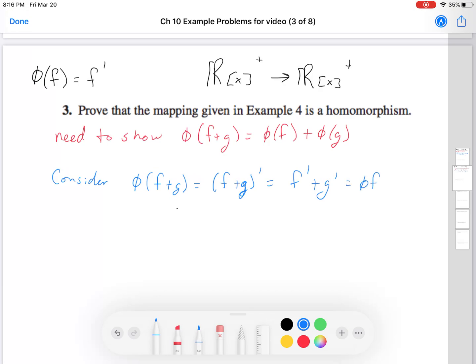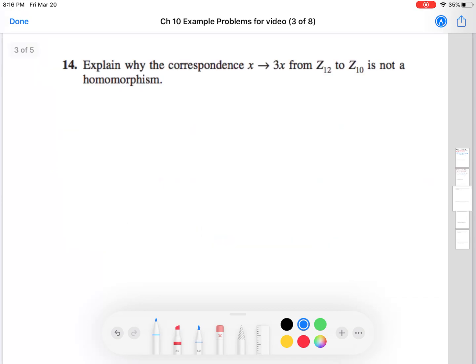But this is just phi of f plus phi of g, which is exactly what we were trying to show. Therefore, we've shown that it's operation preserving. Therefore, phi is a homomorphism. So the first two problems went pretty quickly. Whenever we're trying to show that something's a homomorphism, we only need to show operation preserving.